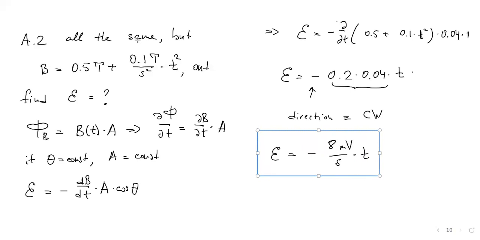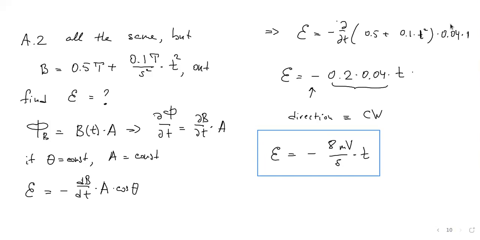So this means your induced EMF will be stronger and stronger every second. So it will be increased by 8 millivolt for every extra second of time. Is it good? Yeah. So then I can give you the number for EMF because it's a function of time.